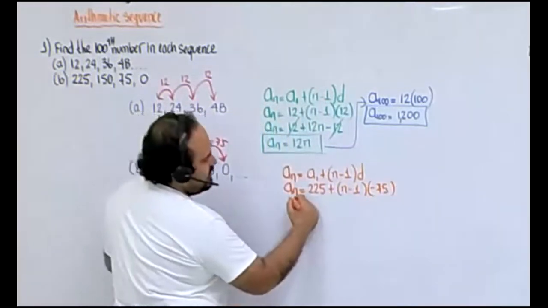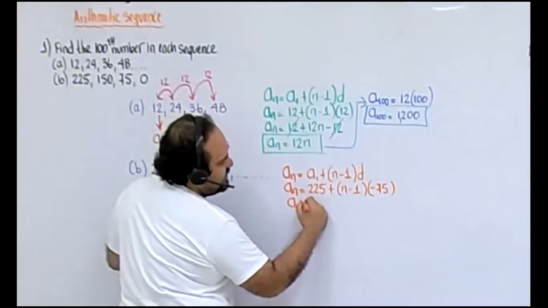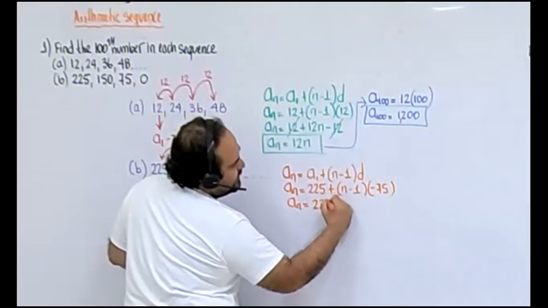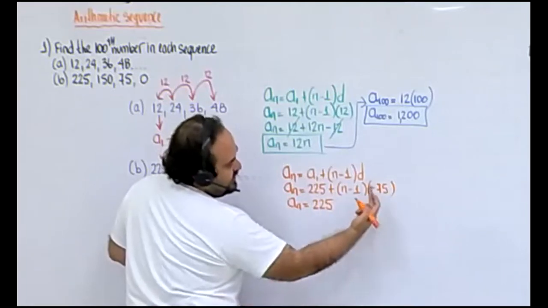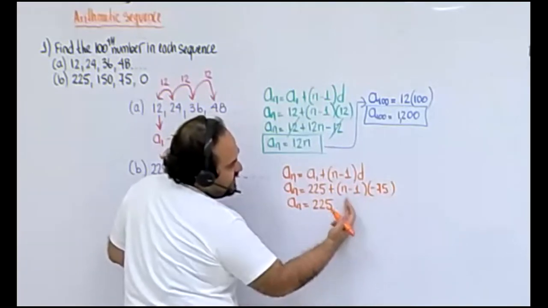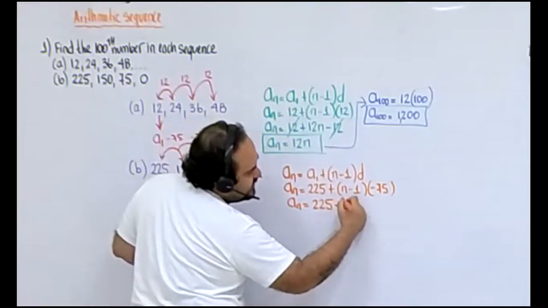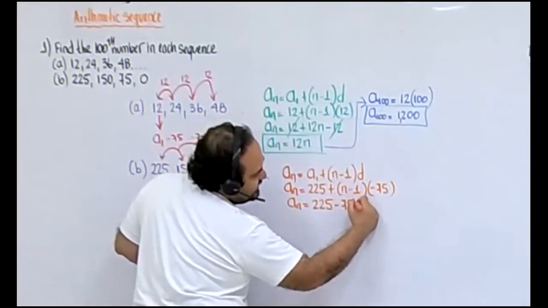Now let's proceed applying the distributive property. We're going to copy 225, and negative 75 times n will be negative 75n.